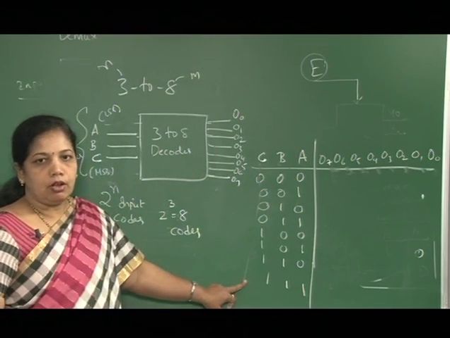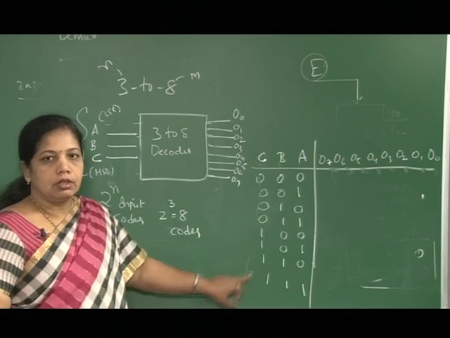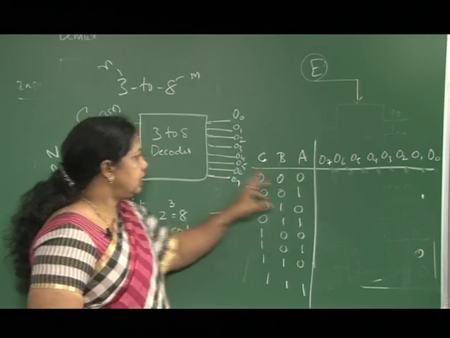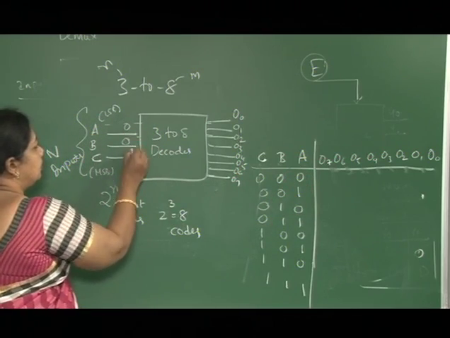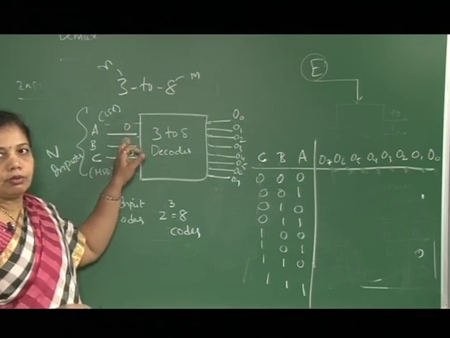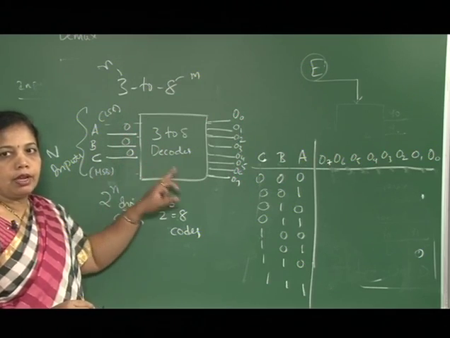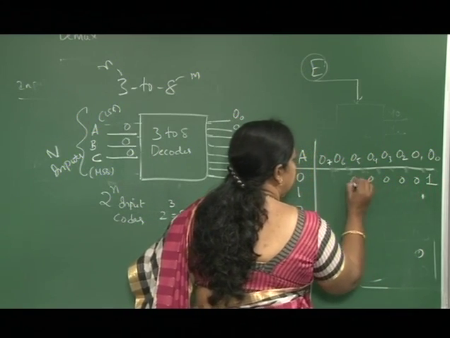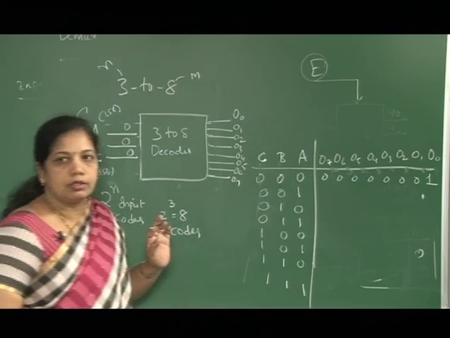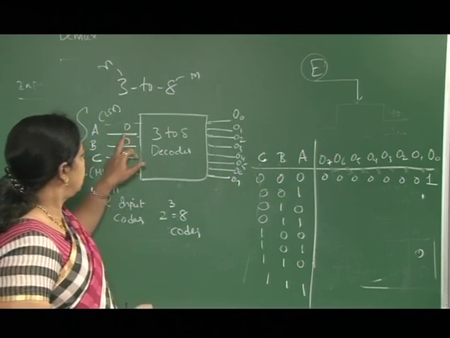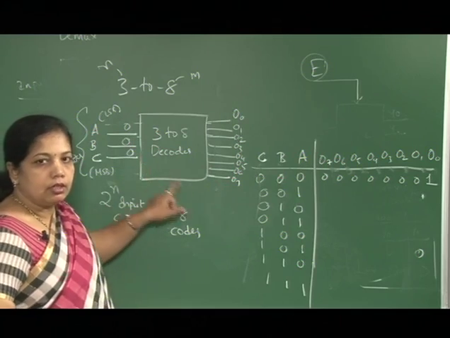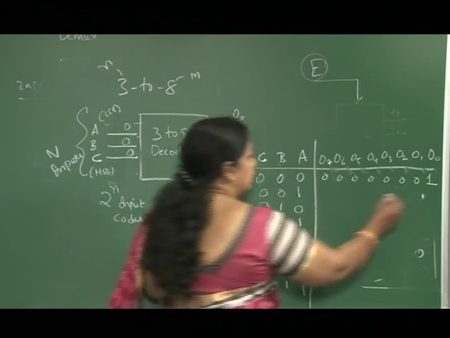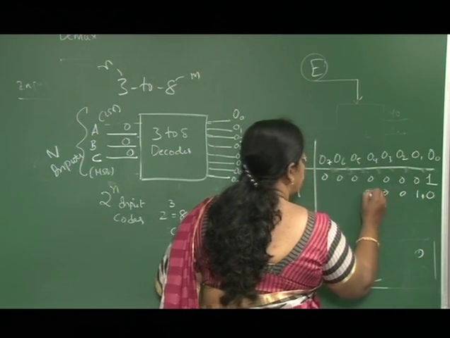So now I have written all the codes. Whenever my input to the 3 to 8 decoder is 0, 0, 0, my output O0 is 1, the rest all will be 0. Whenever it is 0, 0, 1, the output of the decoder is O1, the rest all will be 0.